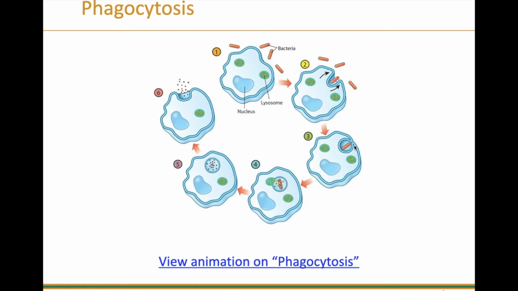It's basically a piece of the plasma membrane. Then it travels into the cell and it fuses with a lysosome. That lysosome has digestive enzymes. It will destroy that microorganism, as we see here. And then the pieces of that microorganism may be recycled or they may be released from the cell.